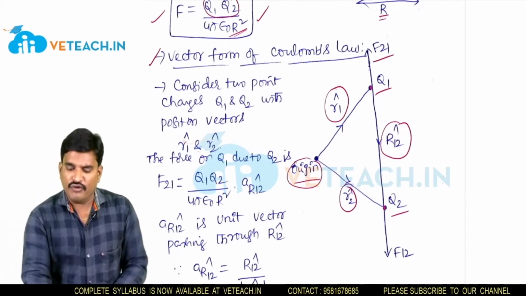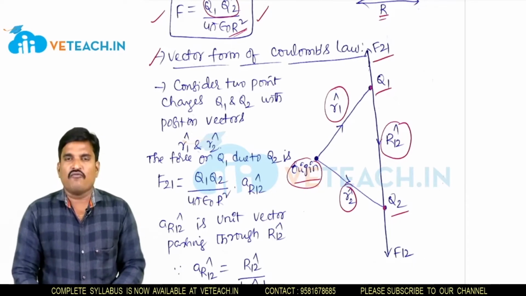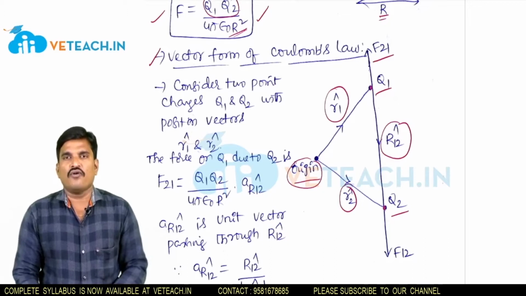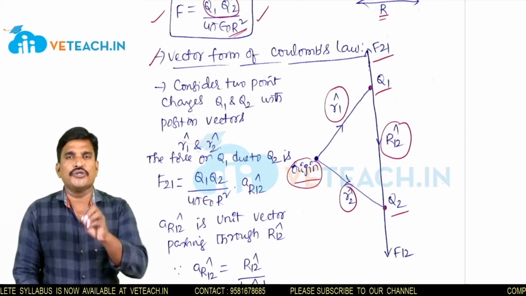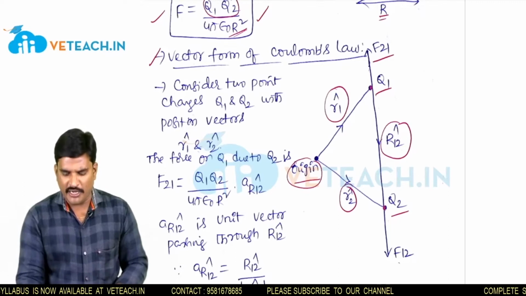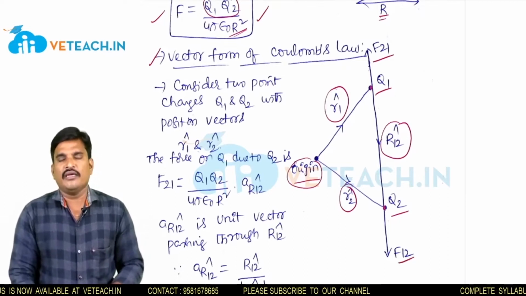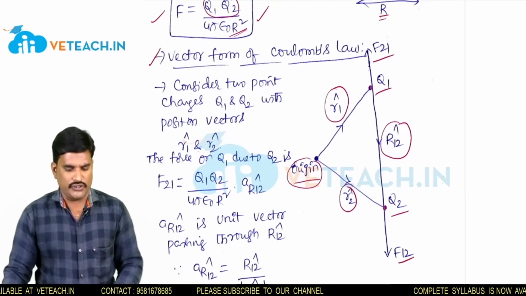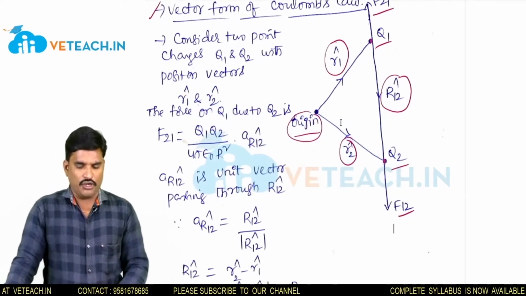F21 is the force on Q1 due to Q2, meaning the force on the first charge due to the second charge. Similarly, F12 is the force on the second charge due to the first charge. Let me go for the derivation now.